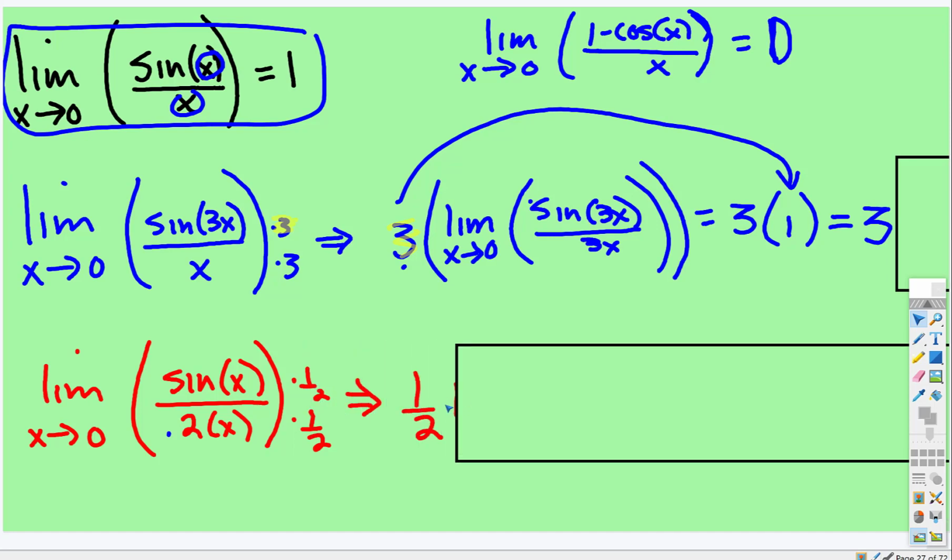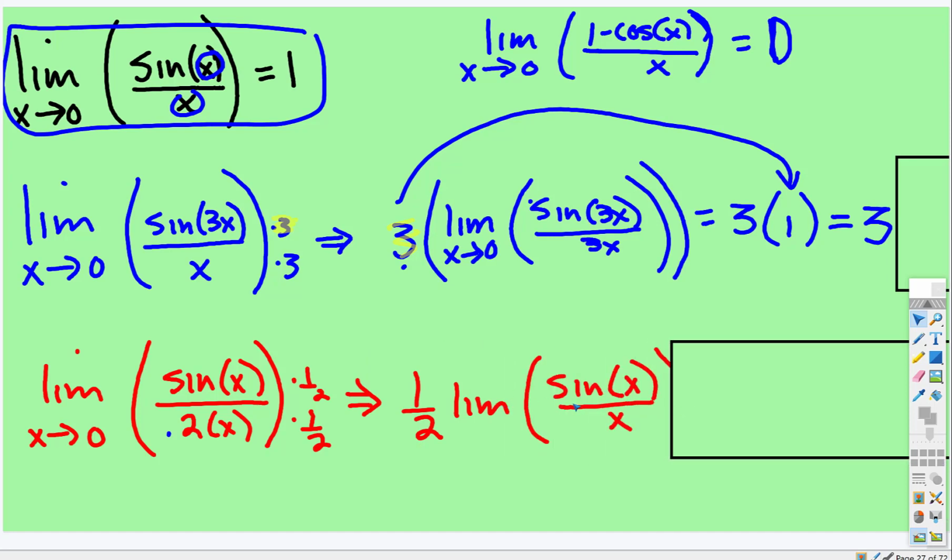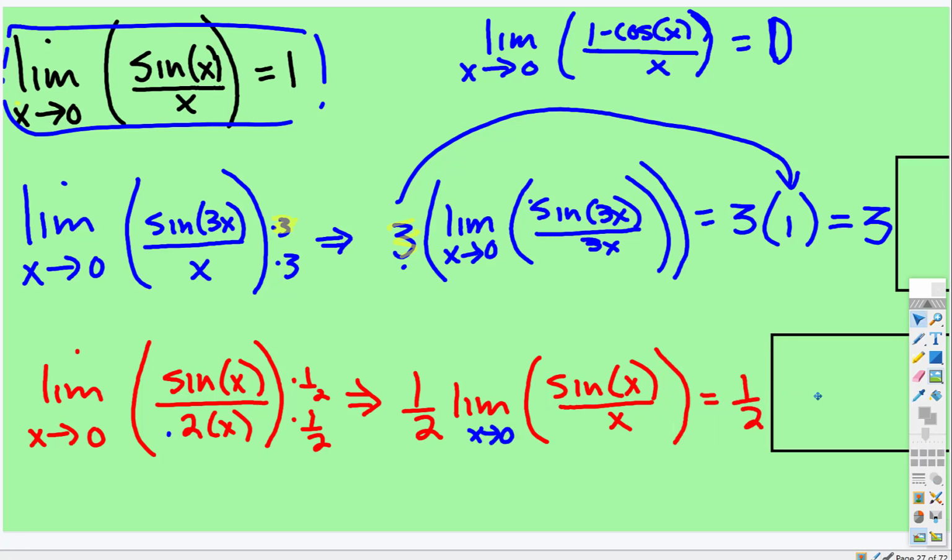Then we bring that scalar on the outside and rewrite it as the limit of sine x over x. And this rule up here, sorry about that, tells us that as long as these are the same, look what I left off, as x approaches 0. So you have 1/2 times 1 equals 1/2.